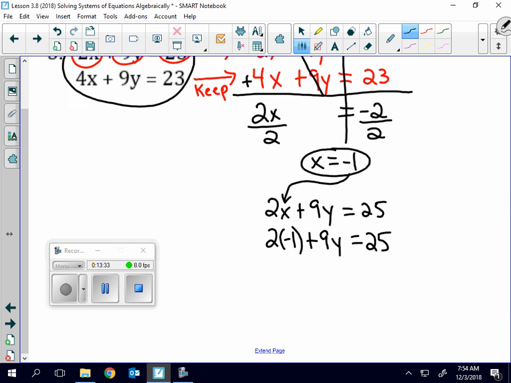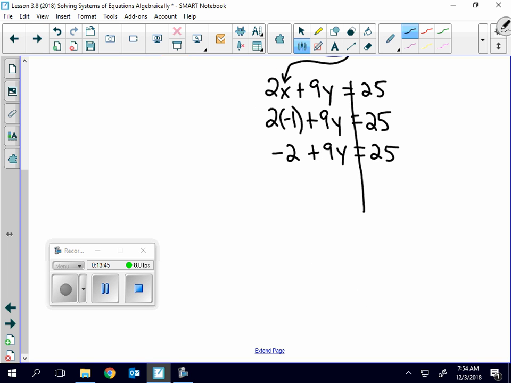Now we can solve for y. This is -2 plus 9y equals 25. You want to get everything away from the y. So let's add the 2. Cancels those out. 9y will equal 25 plus 2 is 27.